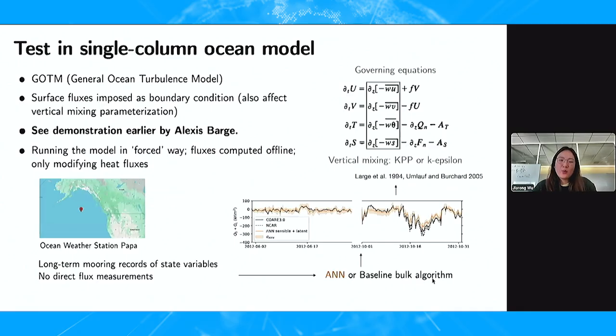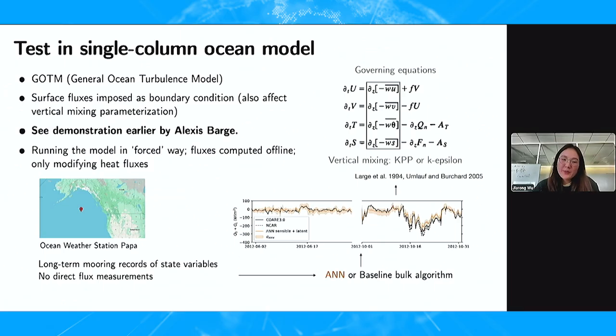And we first demonstrated this idea in a setting that is pretty low cost, so a single column model. And this was demonstrated earlier by Alexei, I hope, in the demo.